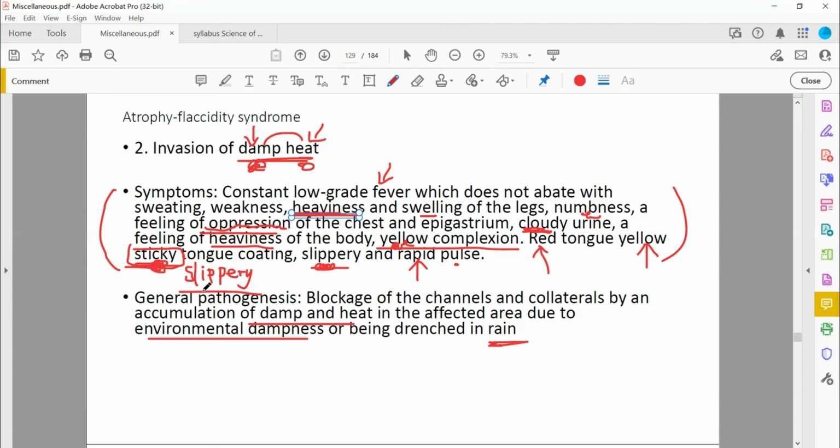Slippery is the same. There's too much water, and the water is sticky natured water. That's called slippery. So these two are the same. That means dampness.